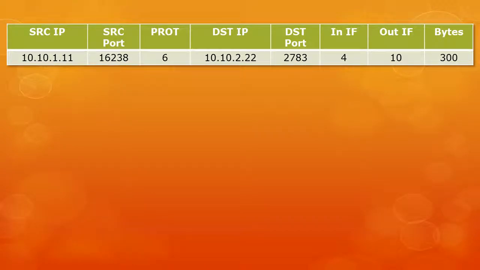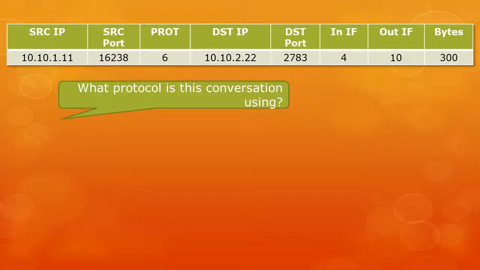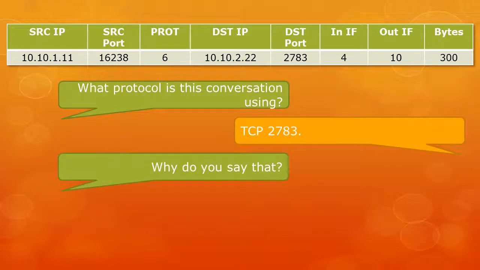Looking at another flow, we'd ask the same question, what protocol is this conversation using? And an experienced engineer might say TCP/2783. But the reason might not be completely obvious. Now, the answer relies on the fact that in most IP conversations, the layer 4 port number of one side is a high ephemeral port, and the layer 4 port of the other side is the protocol port.